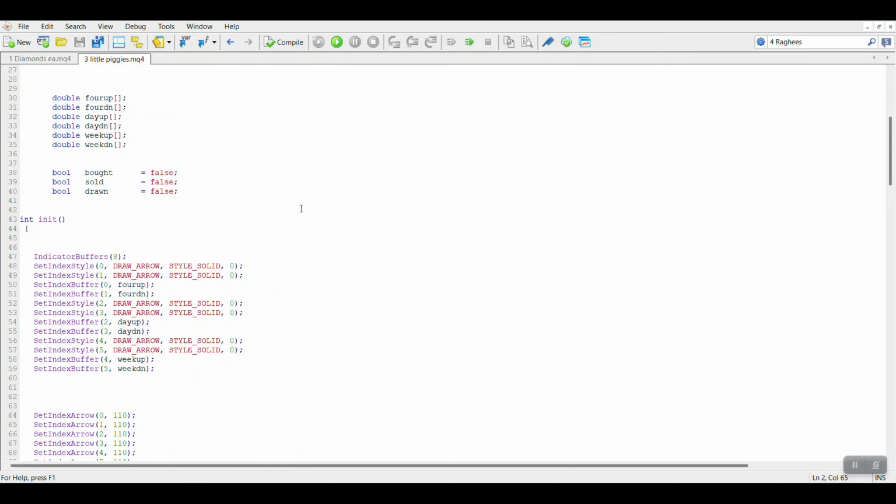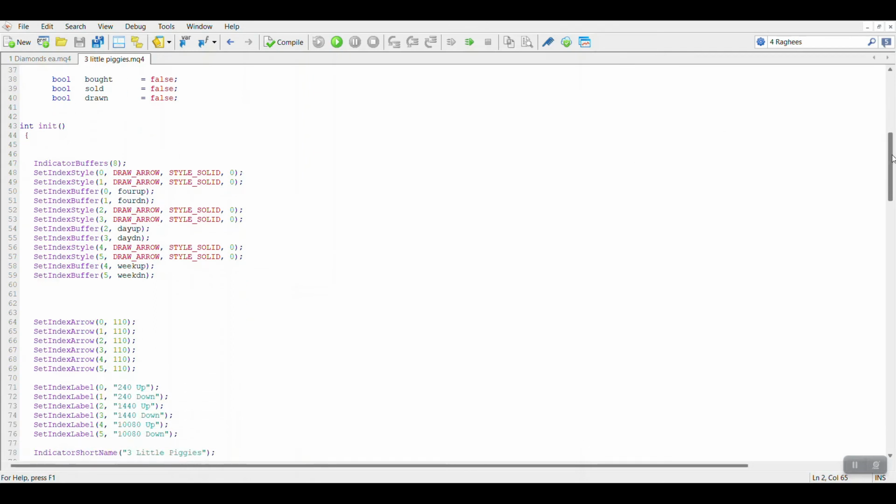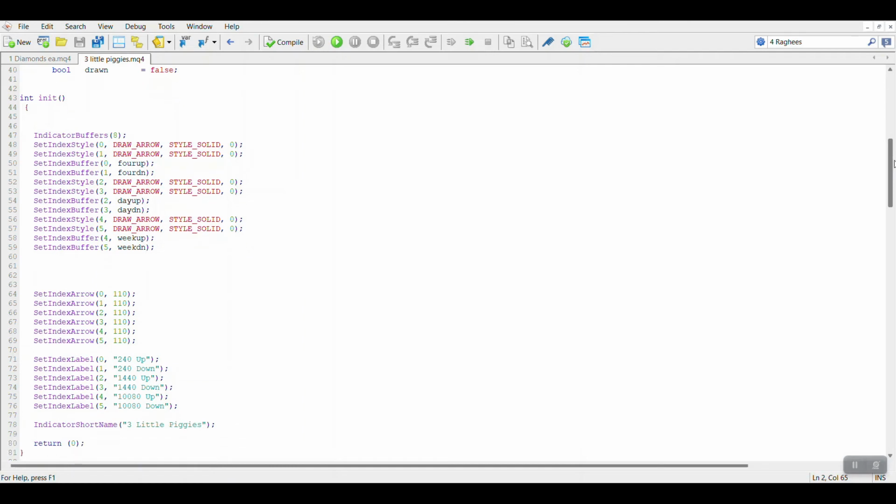Now, he does not say buy on every single agreement, or buy every flip-flop from buy to sell, buy to sell. It doesn't say. So I got the lines where they draw in flip-flop fashion. I'll show you what I mean by that. Nothing more than the buffers there, arrows, the labels.